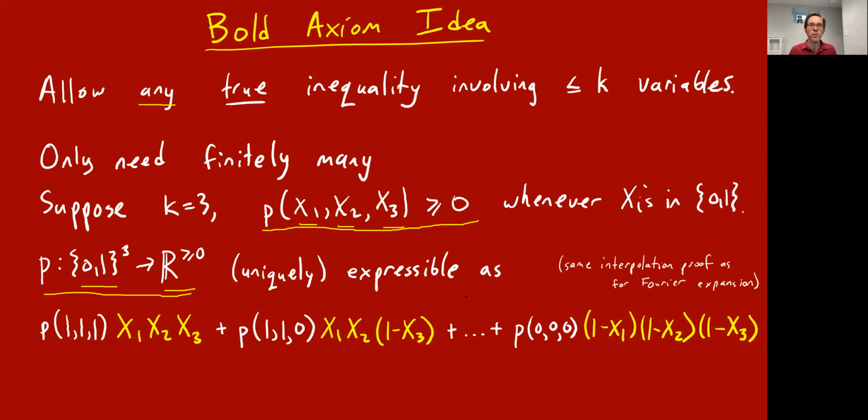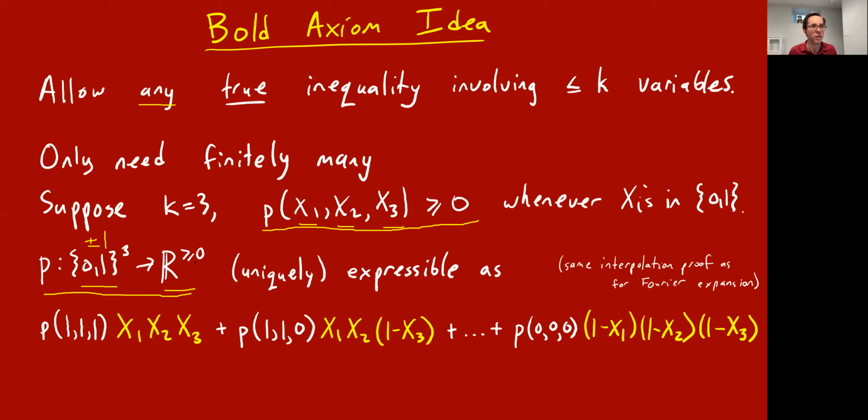In fact, the proof of this is the exact same interpolation proof we did for Fourier expansions. In the Fourier analysis of Boolean functions lecture, one of the key theorems is exactly this fact, except that we use the notation plus or minus 1 instead of 0, 1 for our variables.